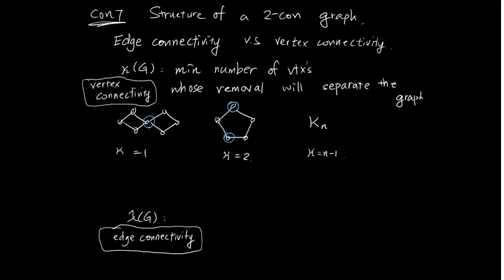So it is the minimum number of edges whose removal will separate the graph.